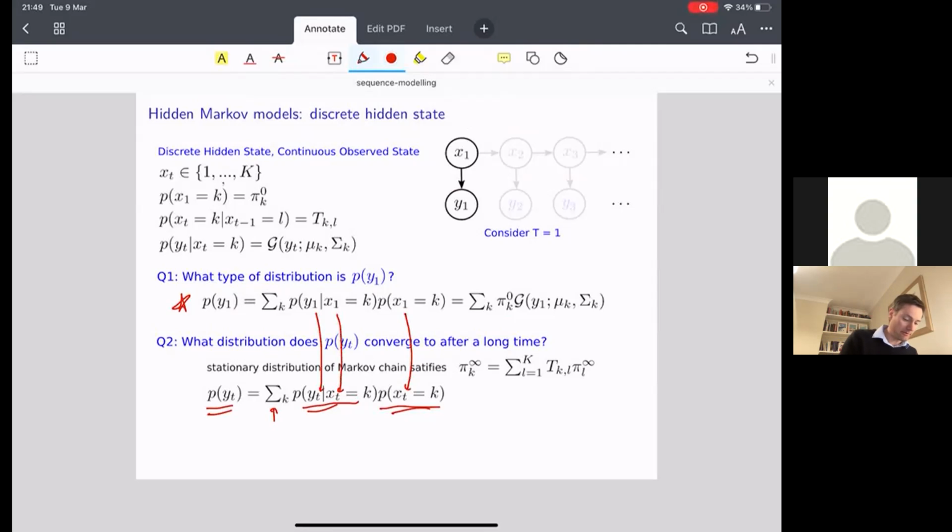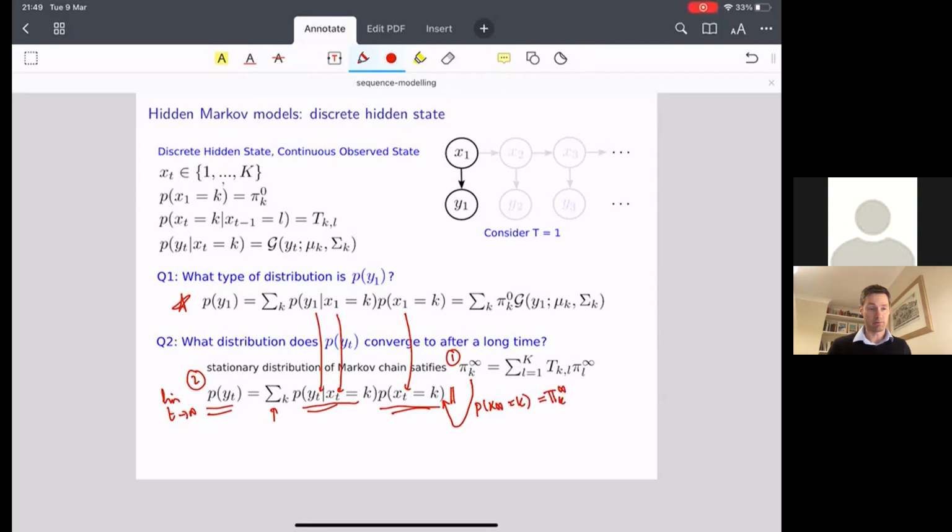So now I can put these two facts together. What I'm going to do is consider taking the limit as t tends to infinity of this equation. And then we can substitute in, we know that in that case, p(x_infinity = k) is equal to pi_k infinity.